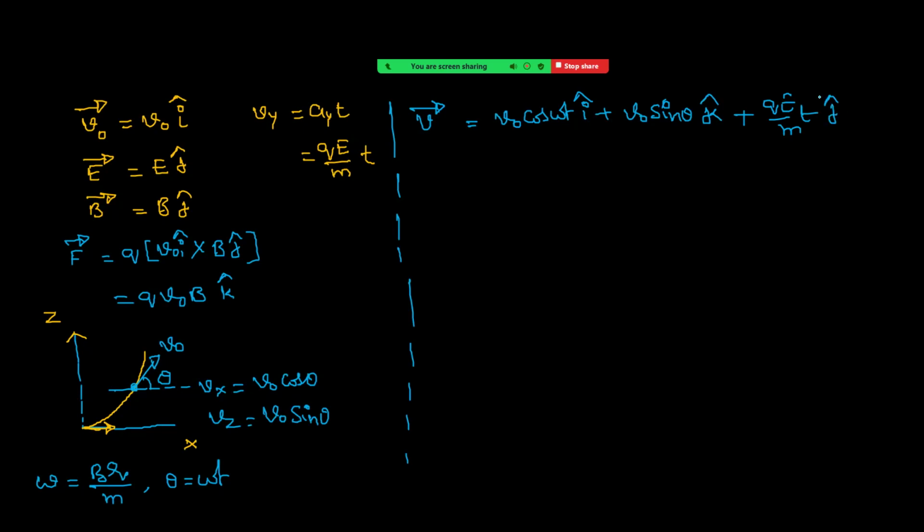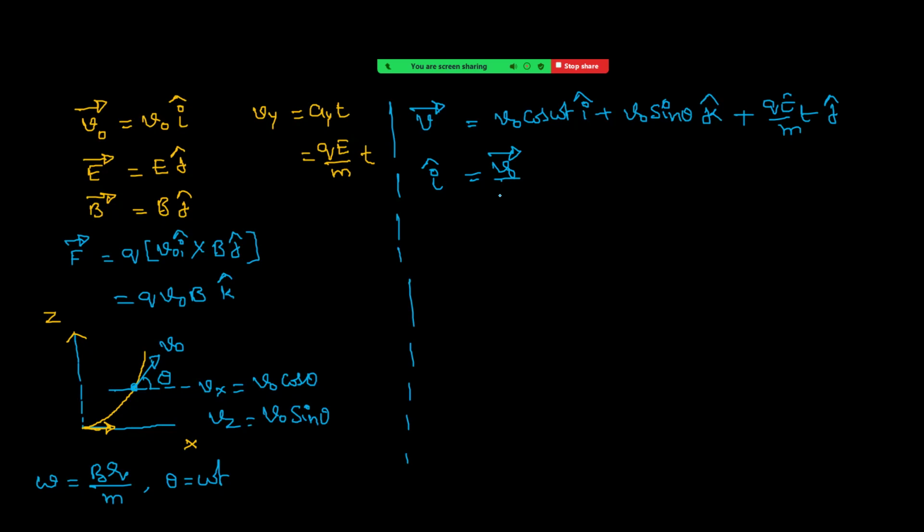But the question says we have to write in terms of E bar, B bar, V naught bar. So in the place of I cap, which is the direction of the velocity vector, we can write V naught bar by V naught.